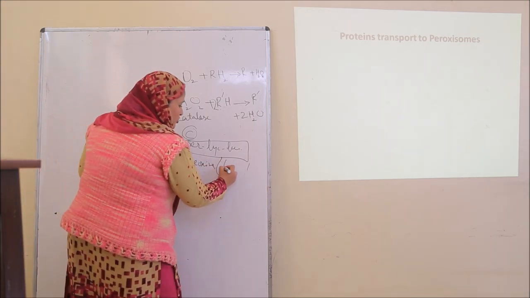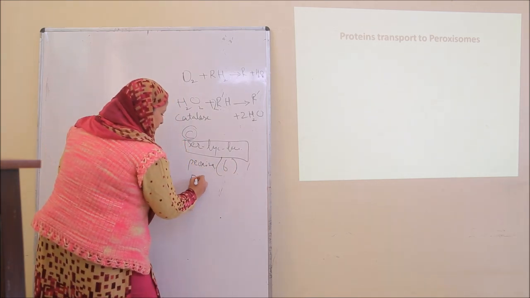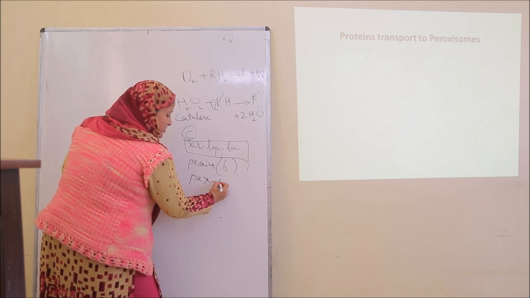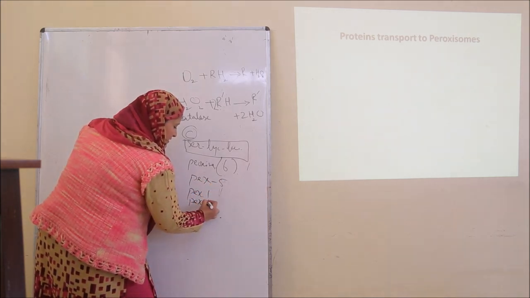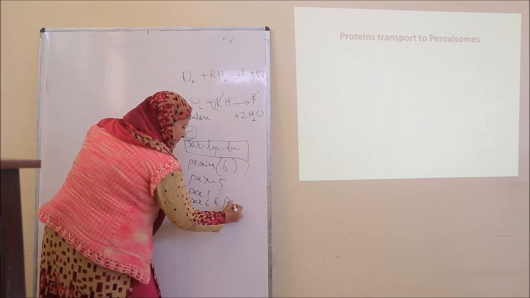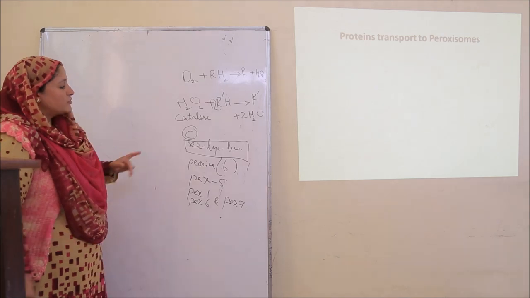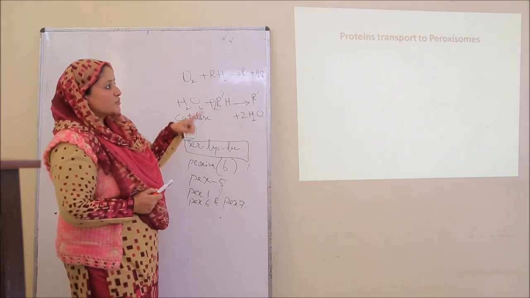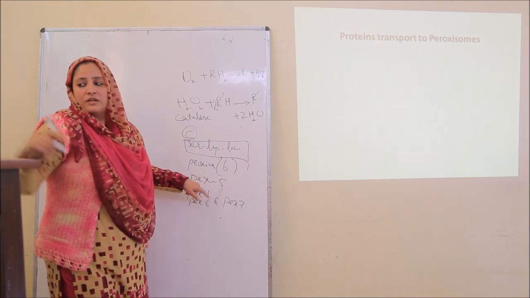Six different types of peroxins have been identified till now. These are PEX5, which is important, PEX1, PEX6 and PEX7. These are the different peroxins. Now the protein which has to be transferred to the peroxisomes first combines with PEX5.